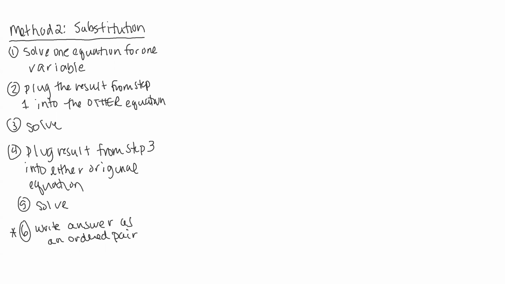All right. So let's look at an example. The first example is the system y equals 3x minus 7, and 5x minus 2y equals 8. What I hope you notice is the first equation has already been solved for y. So I'm going to take this value for y, 3x minus 7, and plug it into the other equation for y.